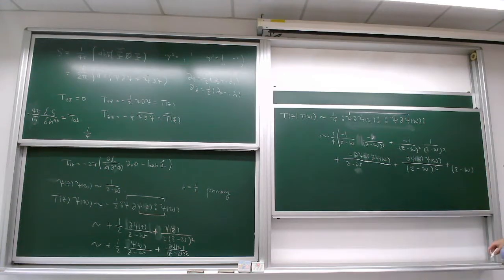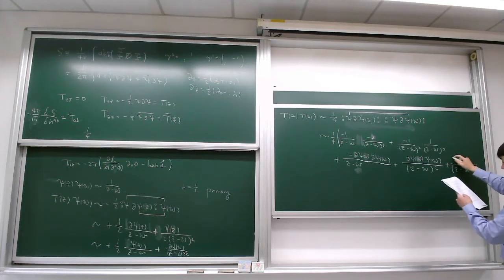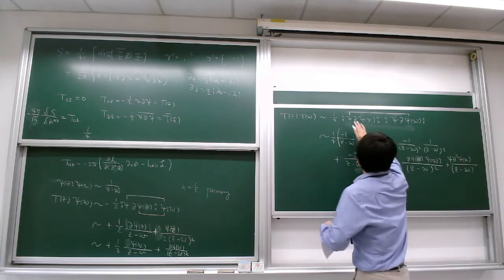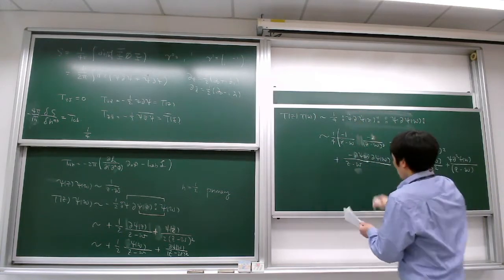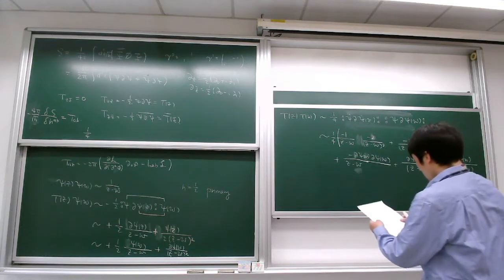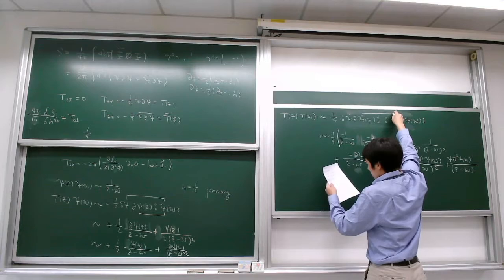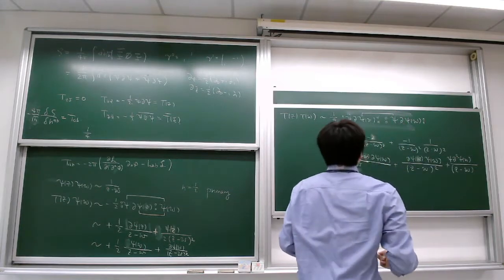I hope I'm doing it correctly. If I make a mistake, just tell me. Also, you have to take the square, psi w and then psi. If you do the Taylor expansion, next I'm going to do the following. Did I do this one? No, not yet. So this one.